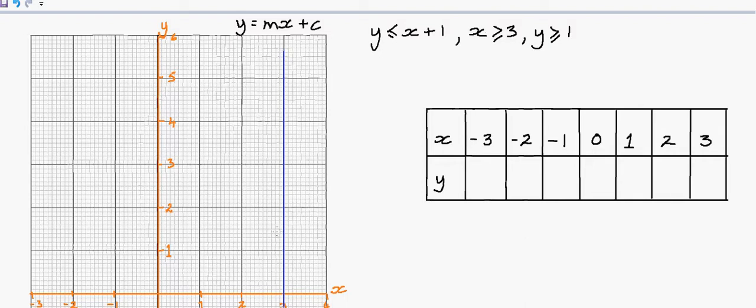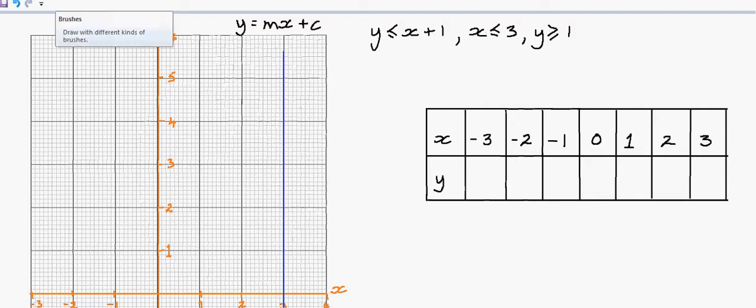okay. Now, we can look at the signs if you like. So it says x is greater than 3. Actually, I think I've got the signs the wrong way round. So x should be less than 3. Okay. So x is less than or equal to 3, but y is greater or equal to 1.